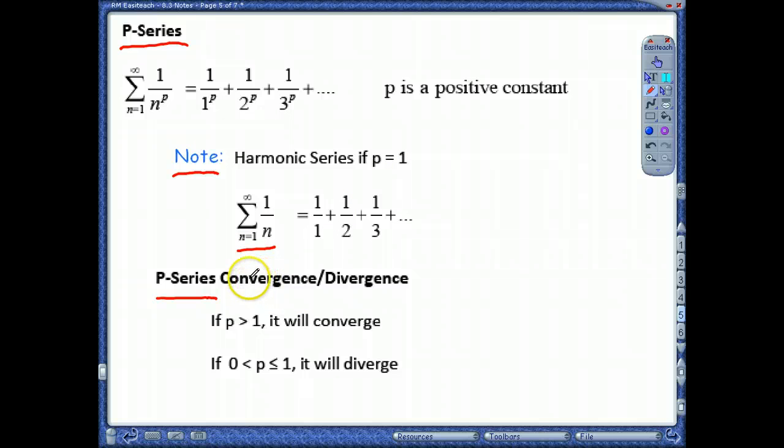All the others are just lumped into p-series. Now, a p-series is convergent if p is greater than 1. So if you have 1 over n to the second power, you are going to be divergent if p is in between 0 and 1, including 1. So just by this, automatically, you know that a harmonic series is divergent.